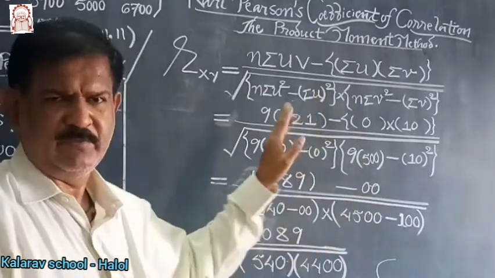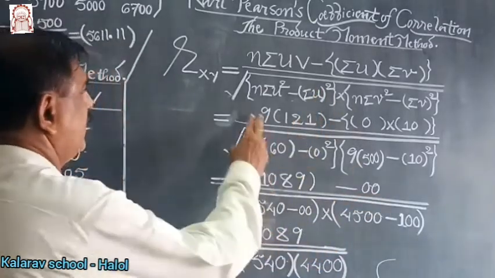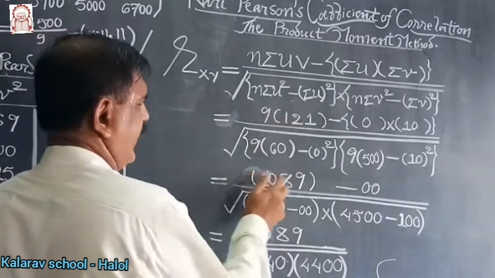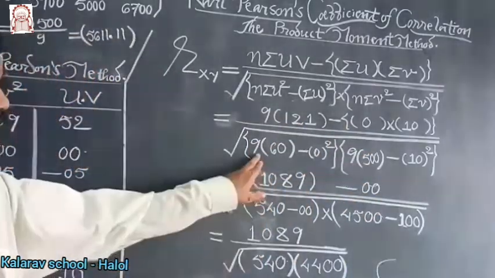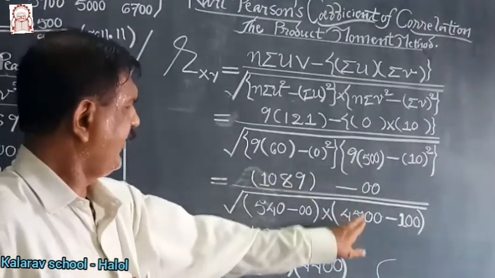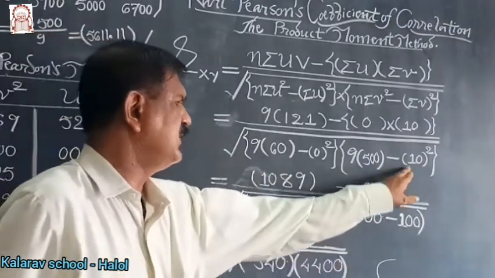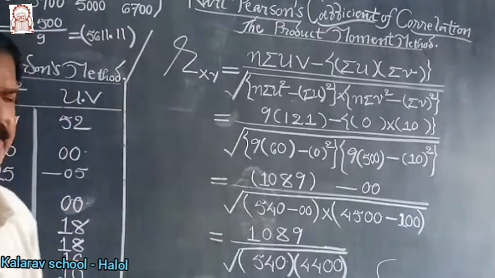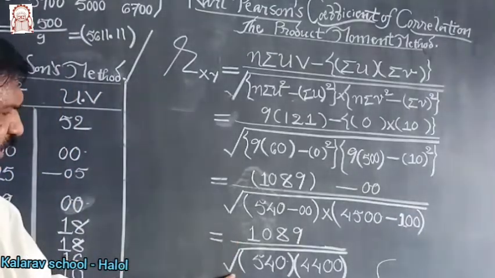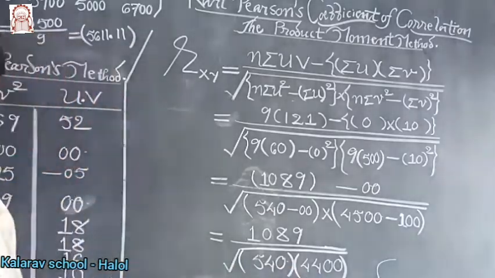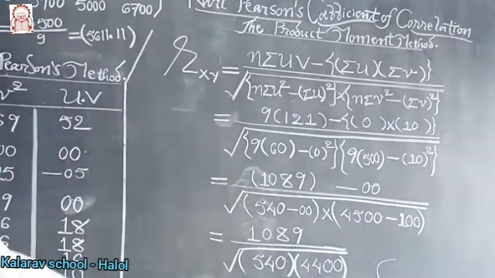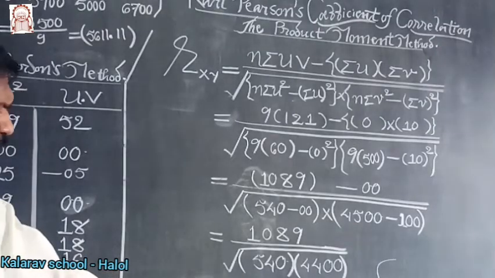Now simplify. 9 into 121 is 1089 minus 0, upon root of, in the first bracket 540, in the other bracket 4500 minus 100, the square of 10. Further simplification: 1089 upon root of 540 into 4400. So it becomes 1089 upon 1541.43.